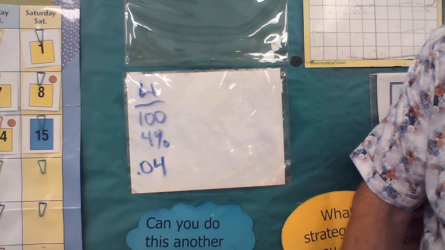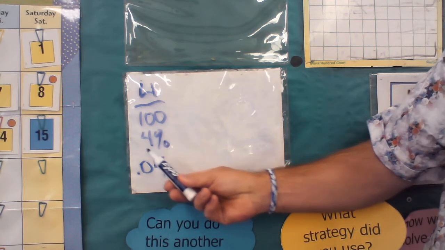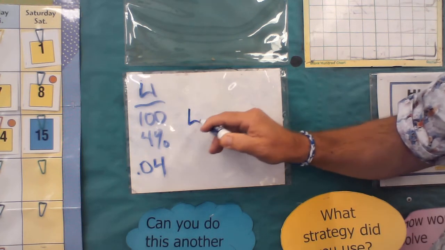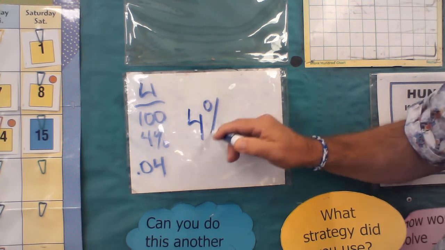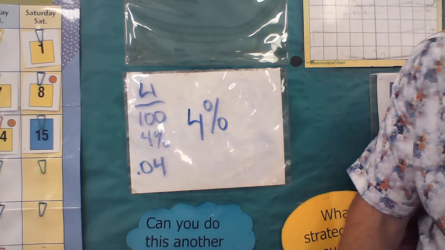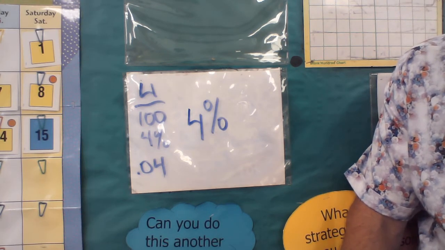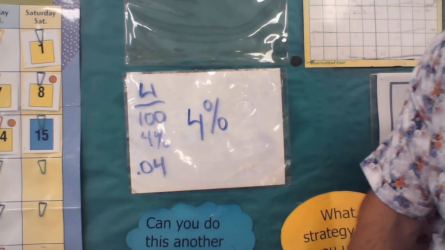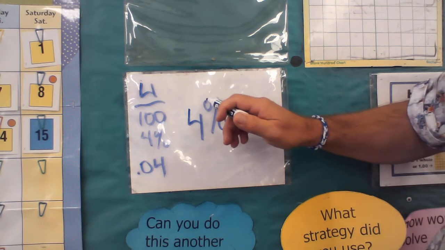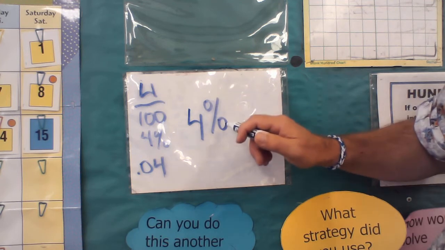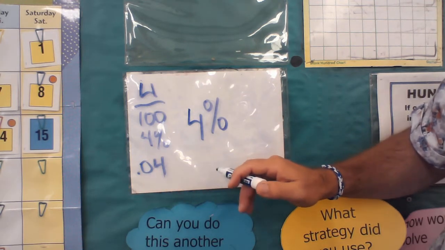Now, the last time we went over that you can convert a percent to a decimal. So I'm going to write 4% up here, and I want you to press pause and see if you can remember, how do you convert a percent into a decimal and a fraction? Okay, you've unpaused it, and hopefully you remembered that these two zeros represent two place values when you're doing decimals.